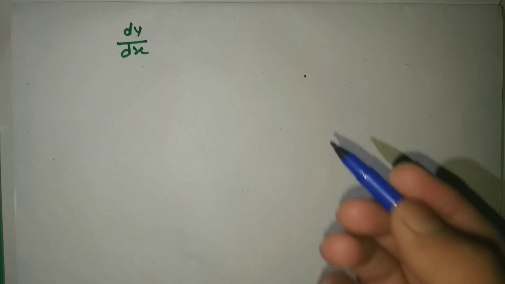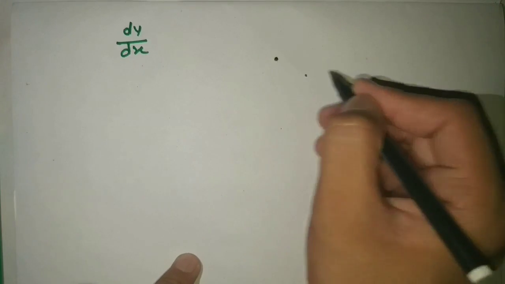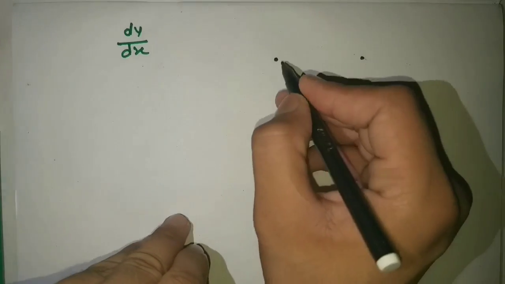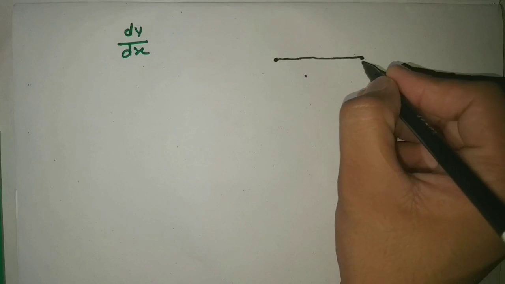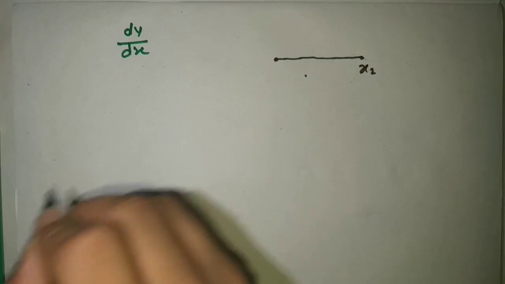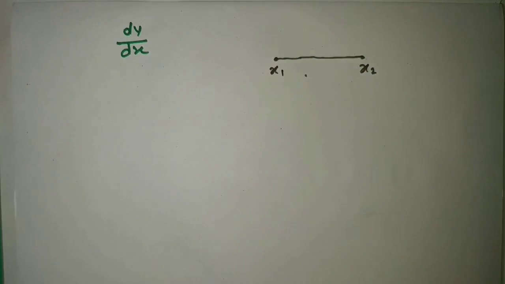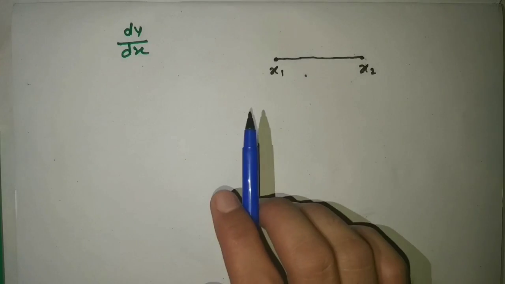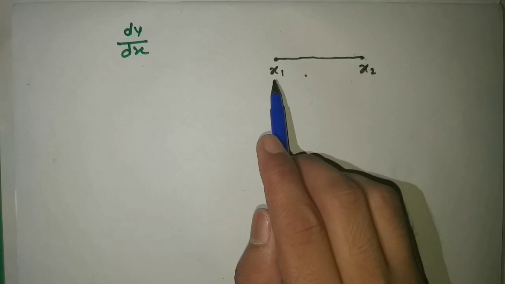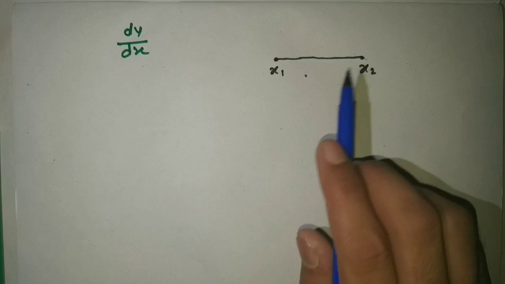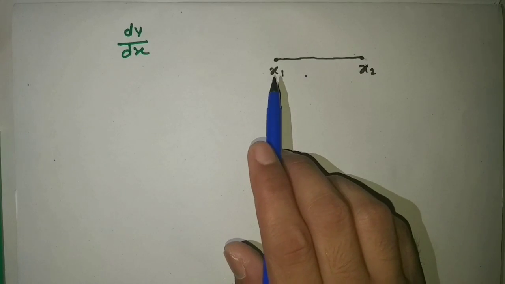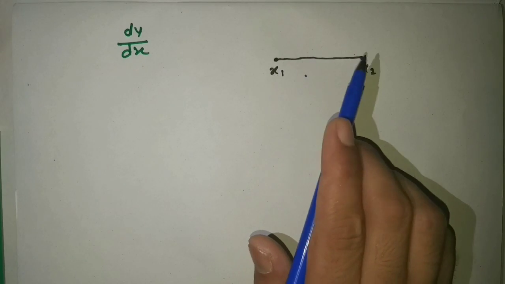Now suppose I have an object which is going from here to here. I connect these two points, and say this is x2 and this is x1. If I ask what is the change in the position, this is the first position of that object and this is the second position, and the particle travels from here to here.